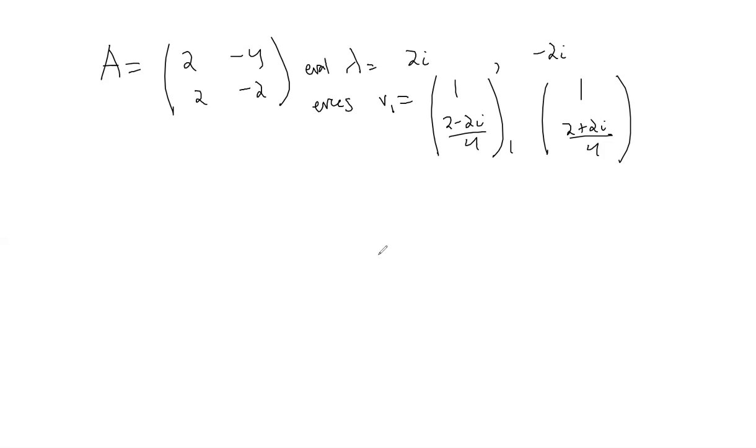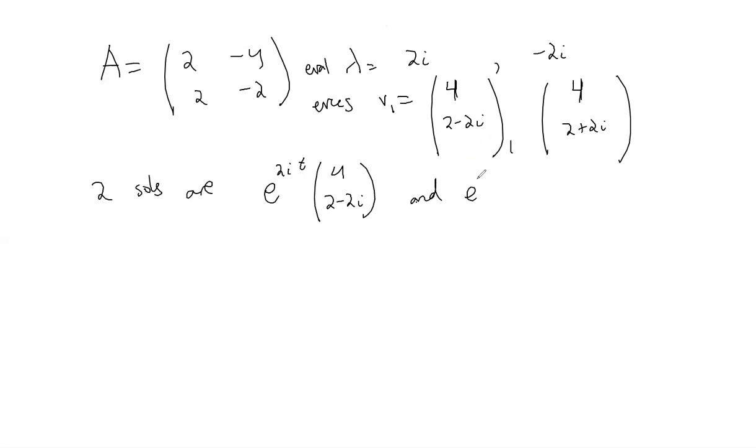In fact, we don't need fractions here. Why don't we just multiply by 4 everywhere? Make it a little cleaner. There. So those are eigenvectors for their corresponding eigenvalues. Okay, so that means that solutions are e to the 2it times this vector, and e to the negative 2it times this vector.